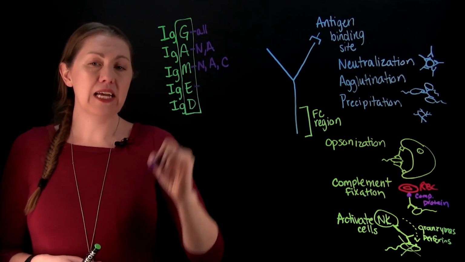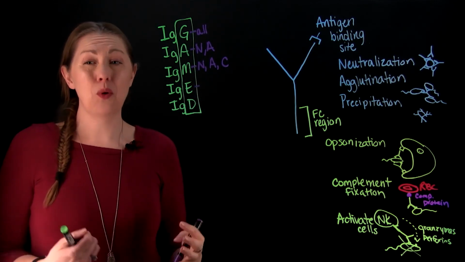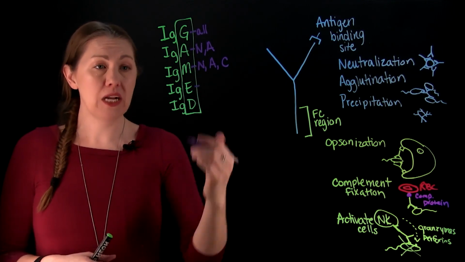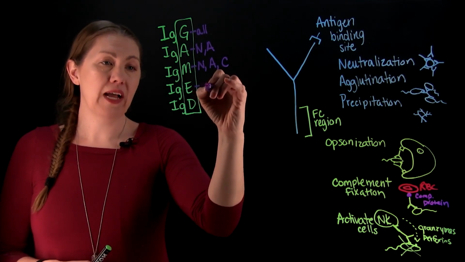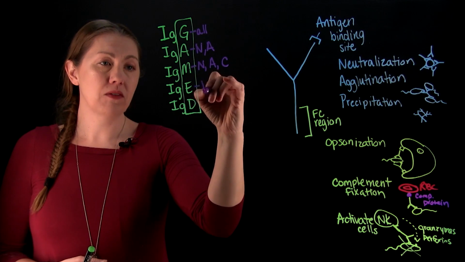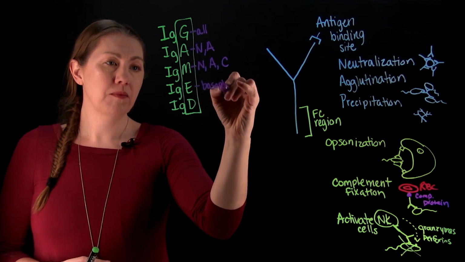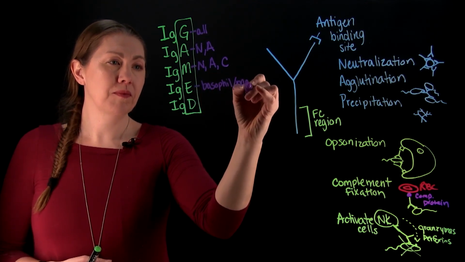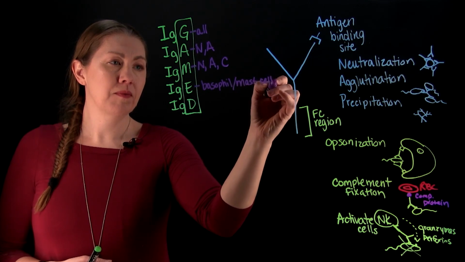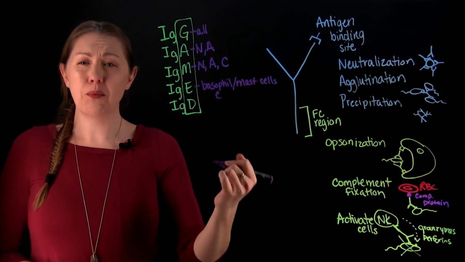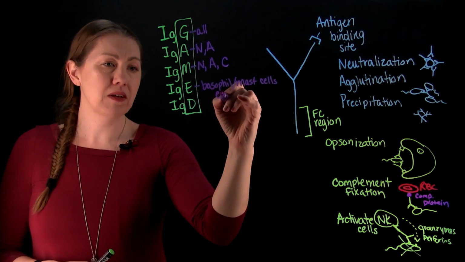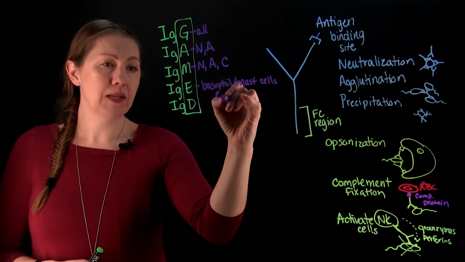If you think of an E, think of allergies. It's going to have a role in that histamine inflammation, so you're going to deal with things like mast cells and basophils. But also eosinophils pull a role into immune responses with inflammation and histamine.